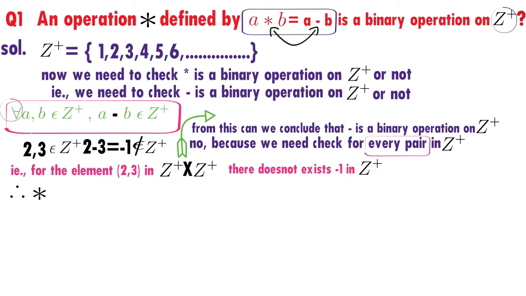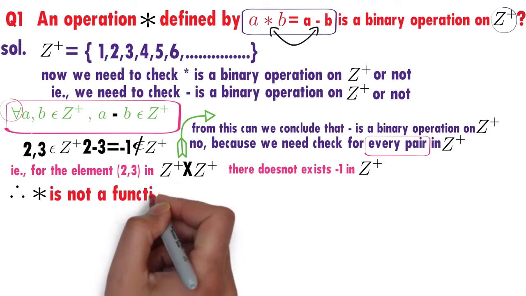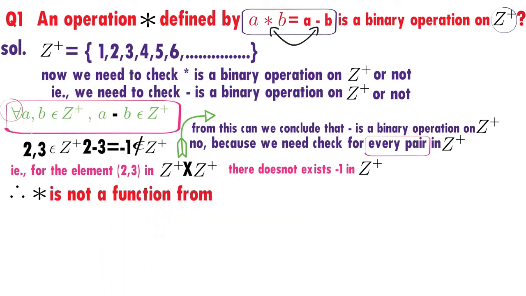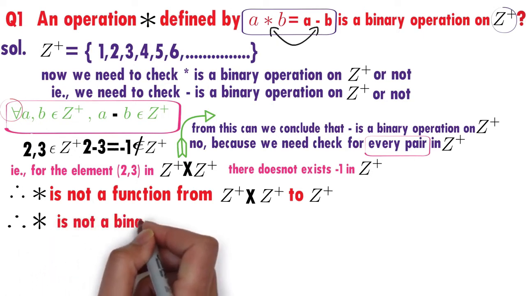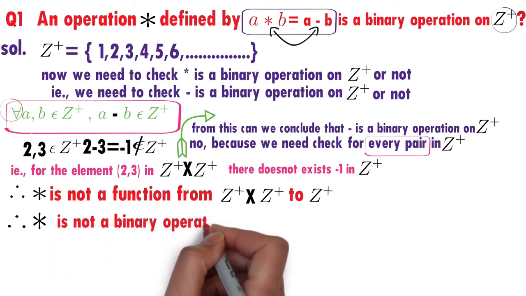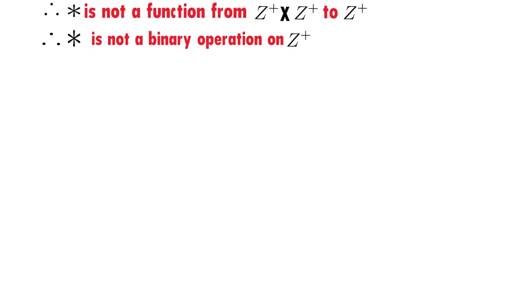Therefore, star is not a function from Z plus cross Z plus to Z plus. So what can you conclude? Star is not a function from Z plus cross Z plus to Z plus. We can conclude that star is not a binary operation on Z plus.